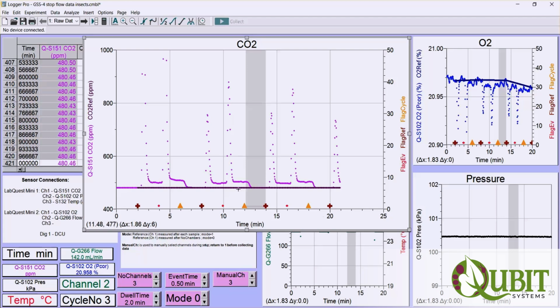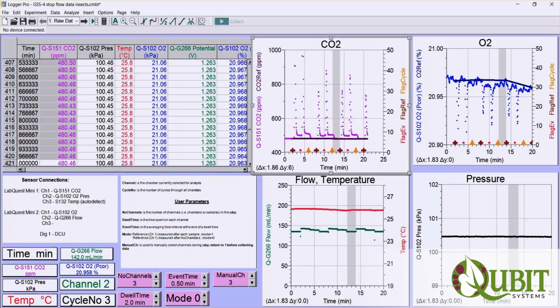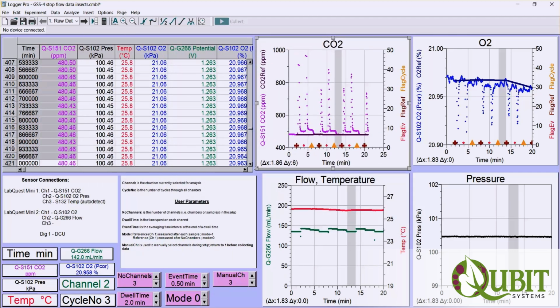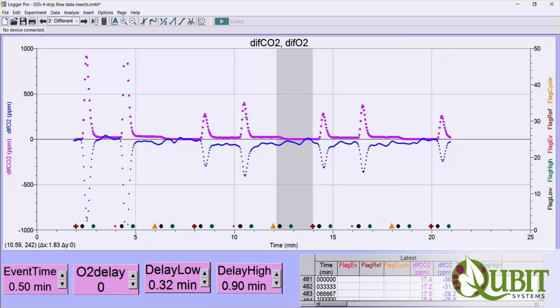It's interpolated from those 2 measurements that are done on either side of the samples. And it's this reference that's subtracted from the measured CO2 and O2 values of the samples, and plotted on page 2 in the differentials of CO2 and O2.